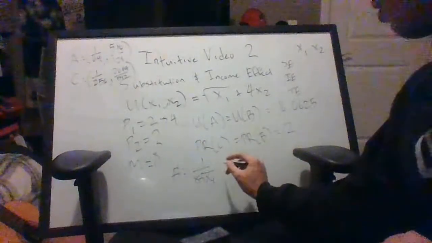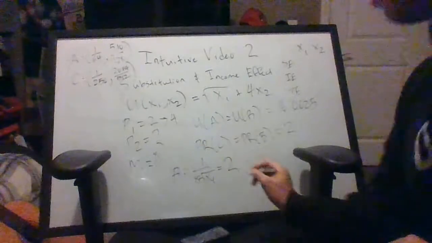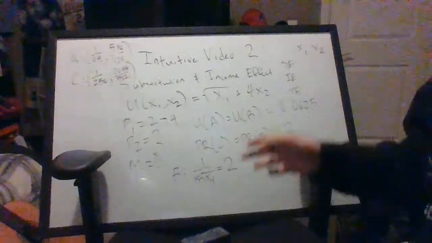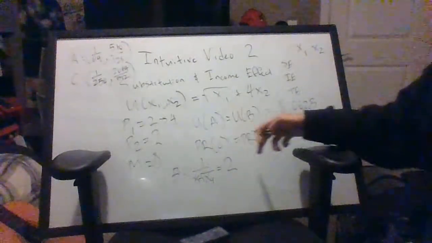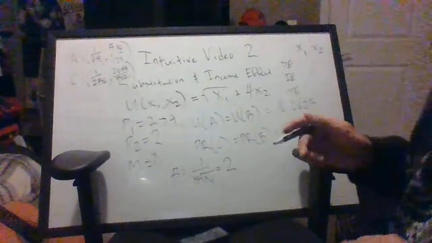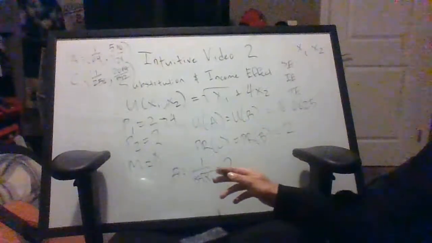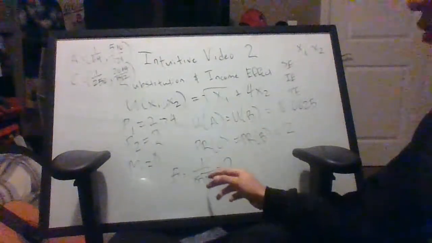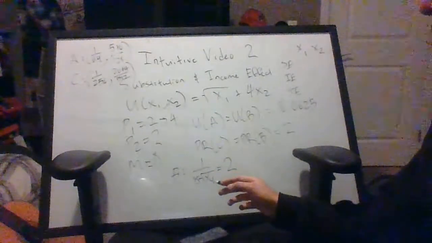So we know that this is equal to 2, right? And we know this because the price ratio at point C is the same as the price ratio at point B. And because we're dealing with quasi-linear, we can already determine our optimal value for x1.